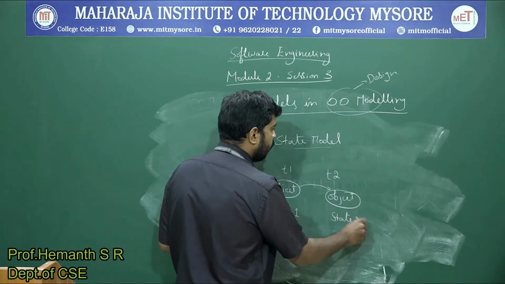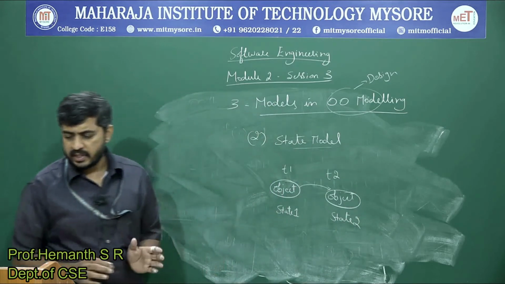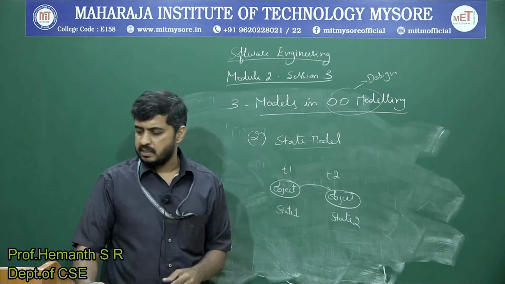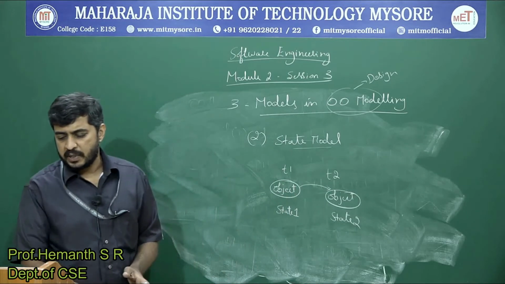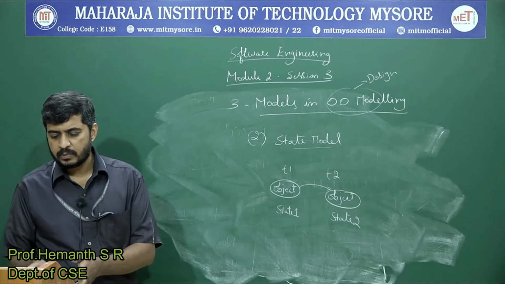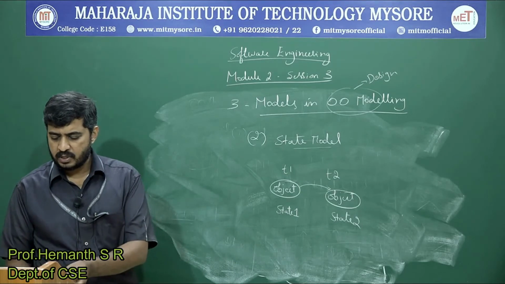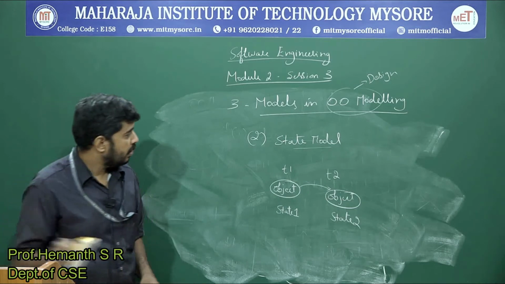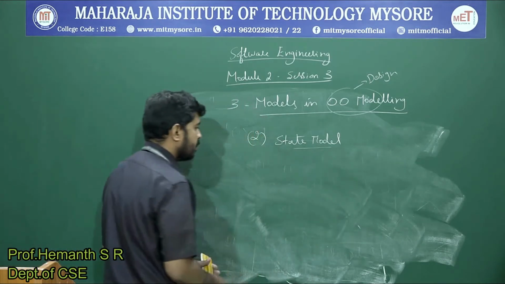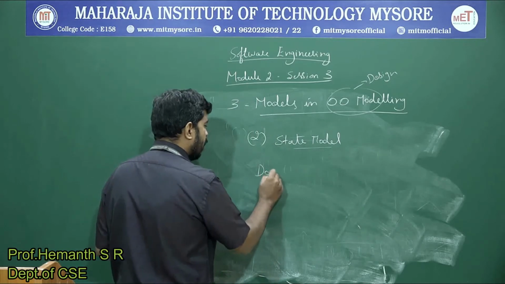So at different time periods, the object is entering into different states. This is depicted using the state model. As one example for the state model, I'll take a doctor object.